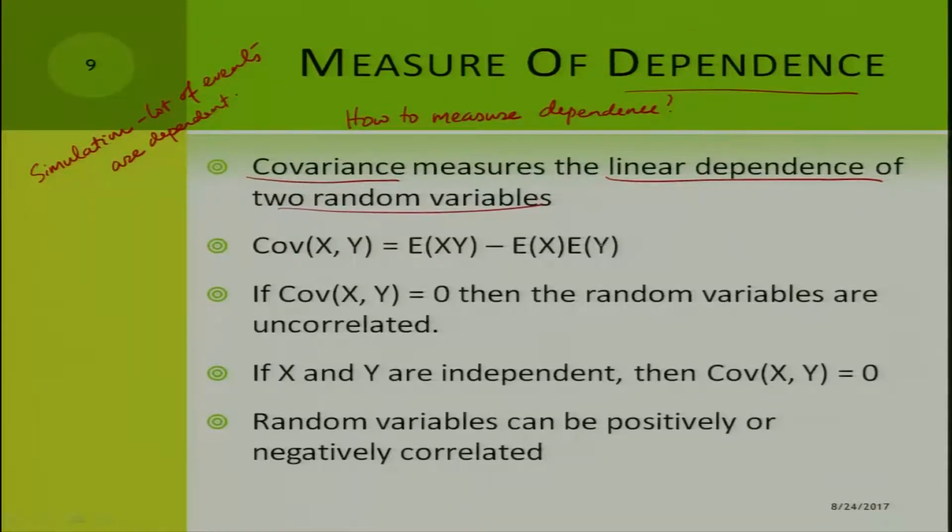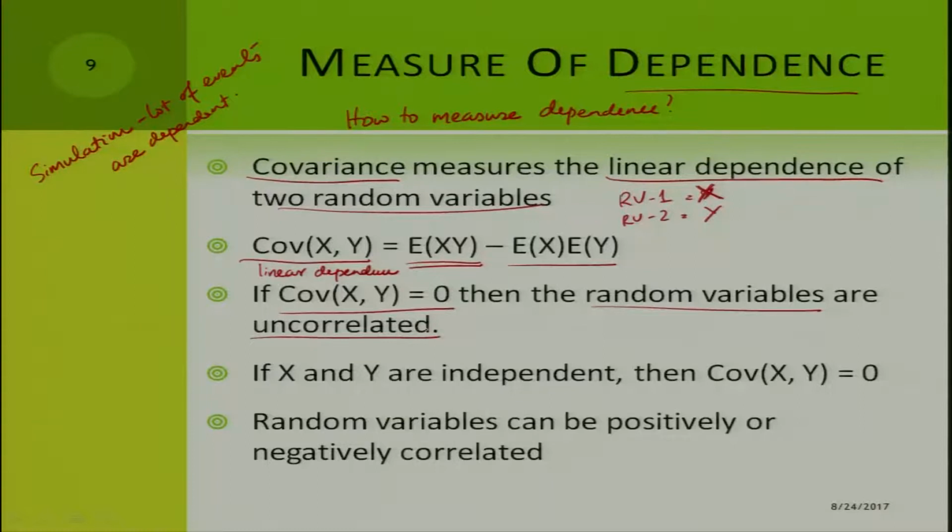If you have two random variables, random variable 1 equal to uppercase X and random variable 2 equal to uppercase Y, then the covariance of X and Y is given by the expected value of X and Y occurring together minus the expected value of X times the expected value of Y. So, if covariance of X, Y equals 0, then the random variables are uncorrelated.